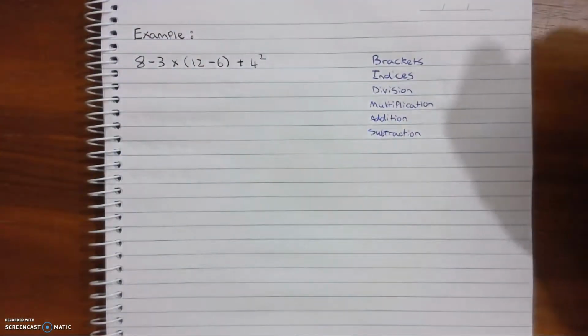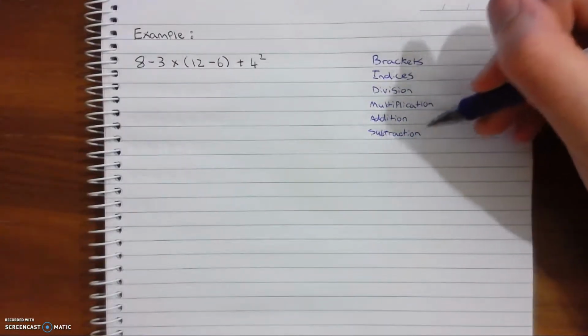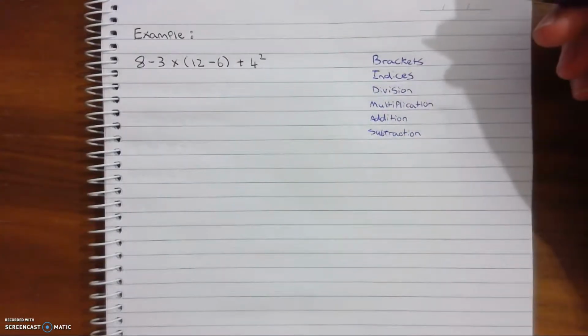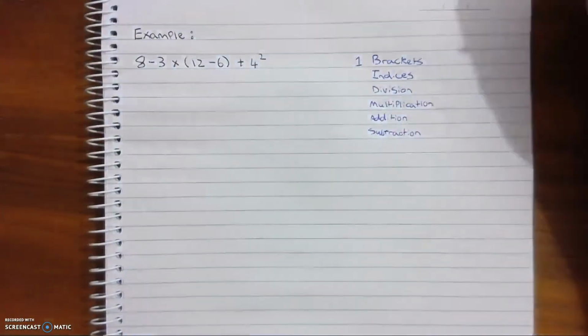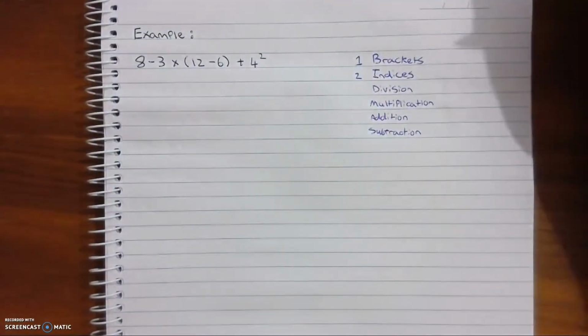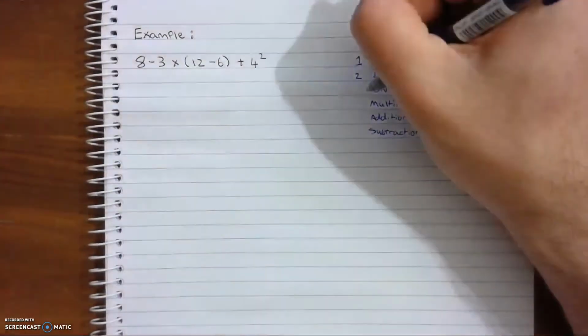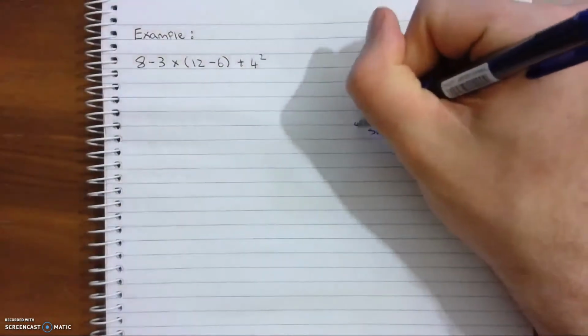Fantastic. Now when we look at this, there are 6 words here, but these can actually be broken down into only 4 levels. Brackets is on the first level because we always do that first. Indices is second because we always do that second. Division and multiplication are actually on the same level, and addition and subtraction are on the same level.